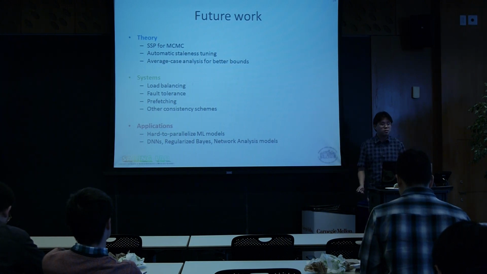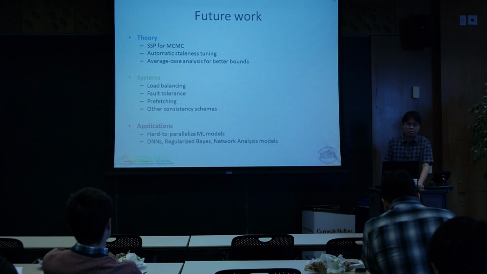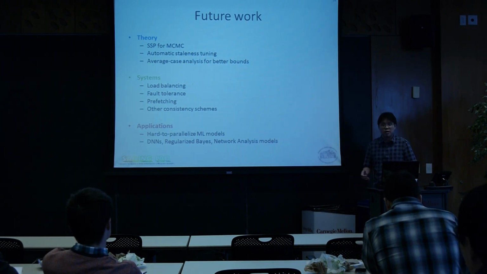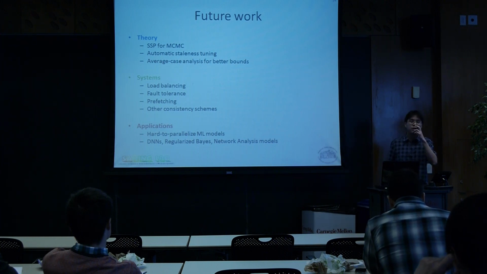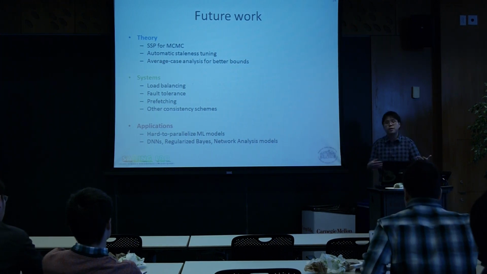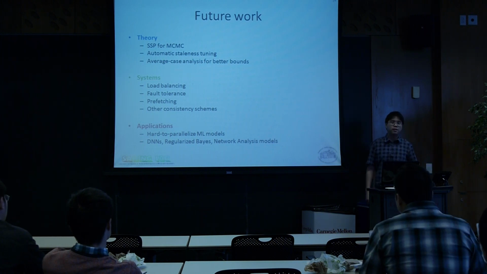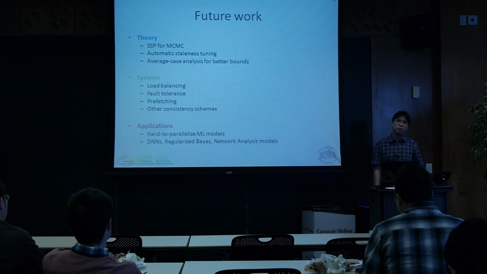In terms of applications, we're looking to apply the system to hard-to-parallelize ML models. That's to say, things that normally take a lot of engineering effort when you want to bring them to scale on a distributed system. For example, deep neural networks. If any of you follow the DNN literature, 2 years ago, Google showed that they threw 1,000 machines at a 1 billion parameter neural network problem.